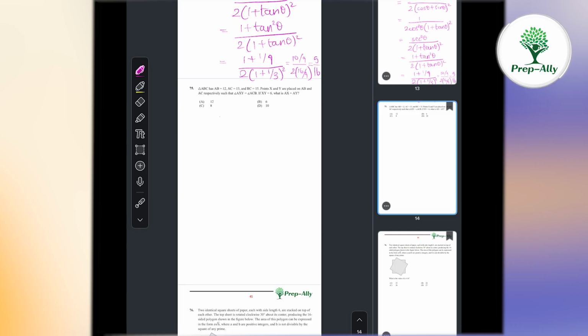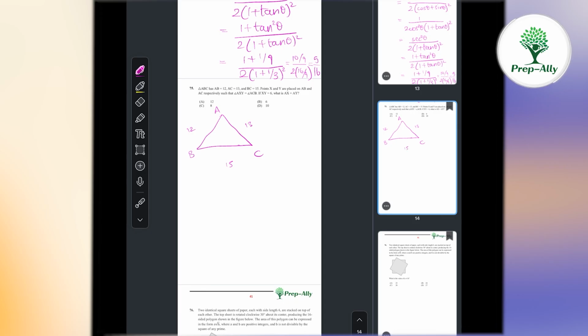In question 15, we're told that there's a triangle ABC and AB equals 12, AC equals 13, BC equals 15.